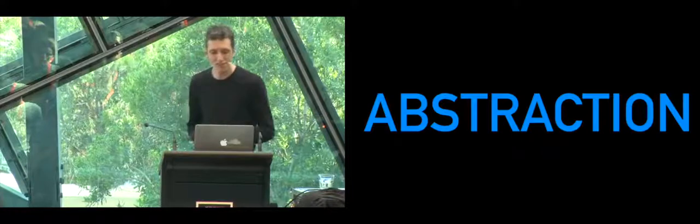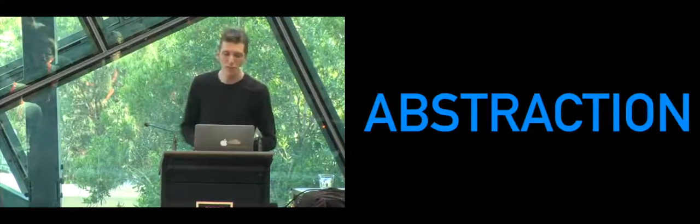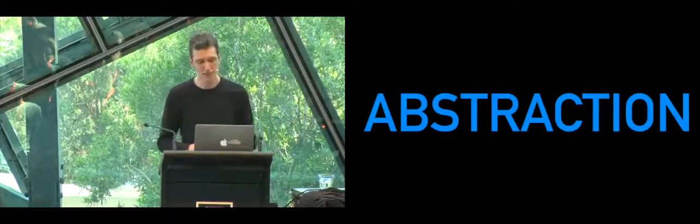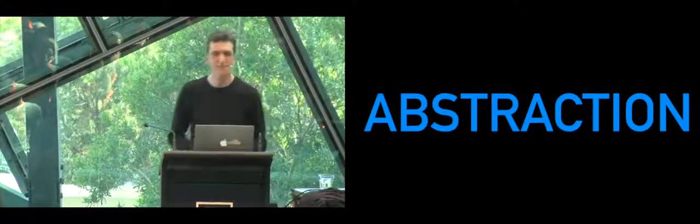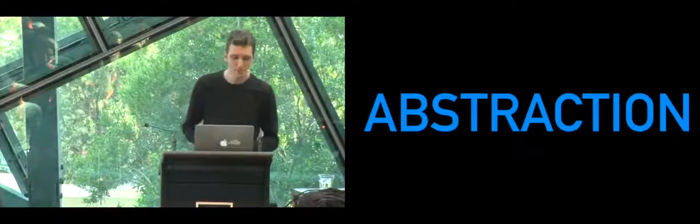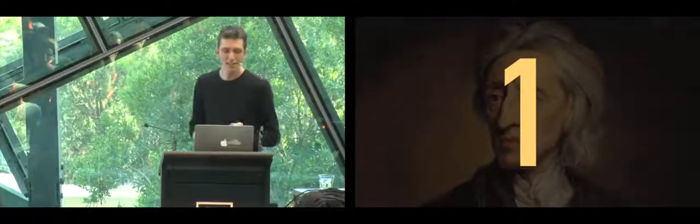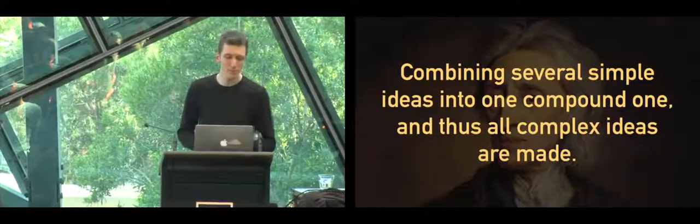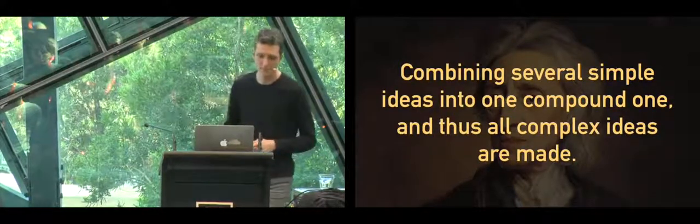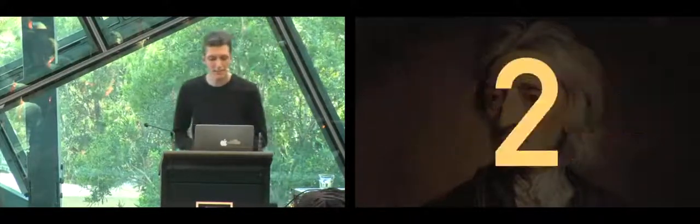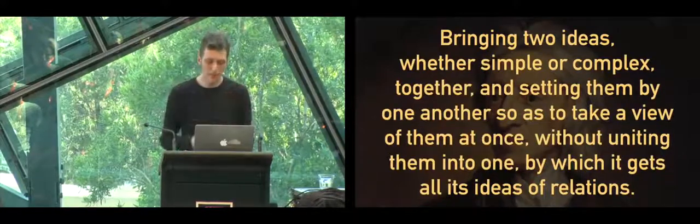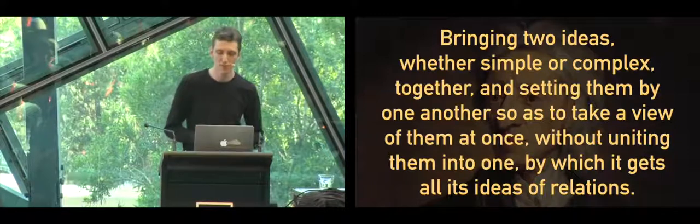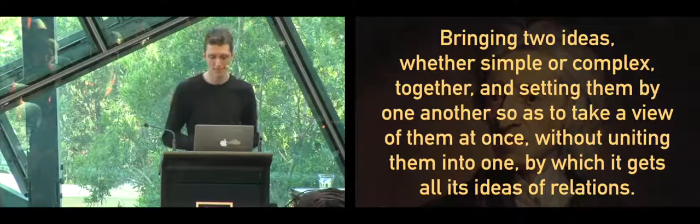What is abstraction? Well, I'd like to share a quote by John Locke from his Essay Concerning Human Understanding from the year 1690. And he said there are 3 main things the mind is capable of. Number 1, combining several simple ideas, 2 or more simple ideas, to create a complex idea. Second, you can take 2 ideas and not necessarily combine them, but just put them next to each other and compare and contrast.